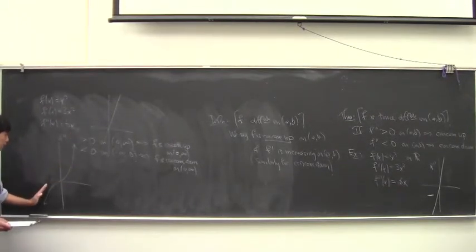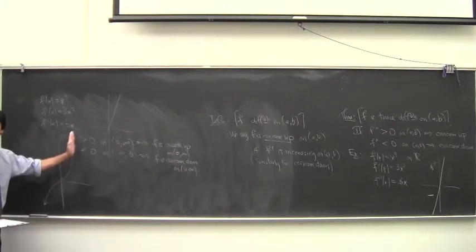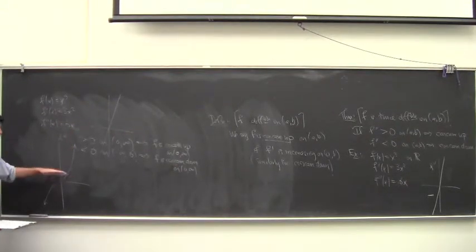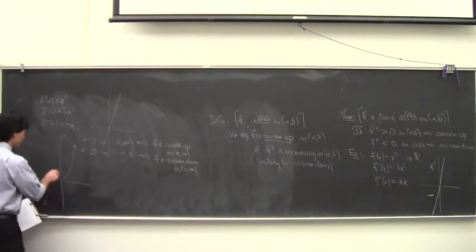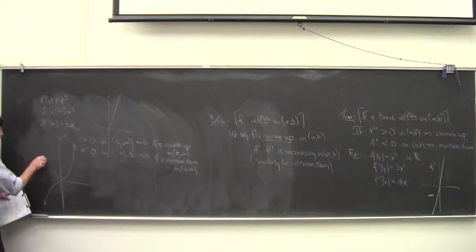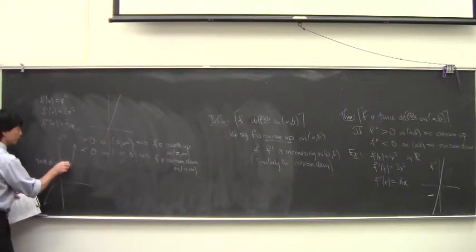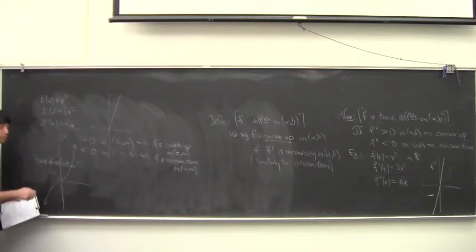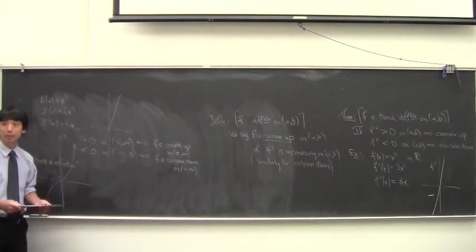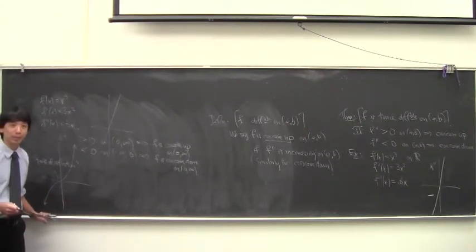So here it's concave down, here it's concave up. There's this point where the concavity switches. That point is called a point of inflection, or inflection point. It's not that important a term.